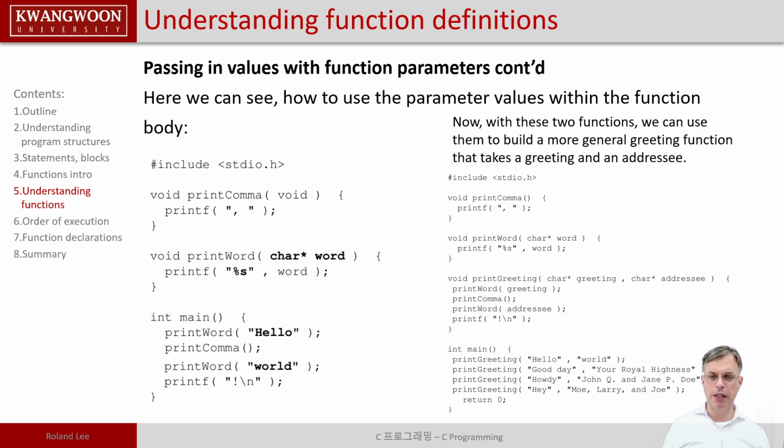Any such manipulations on a parameter value are only valid within the function body. Once the function body ends, the parameter values are discarded. In the following program, we can see how to use the parameter values within the function body.